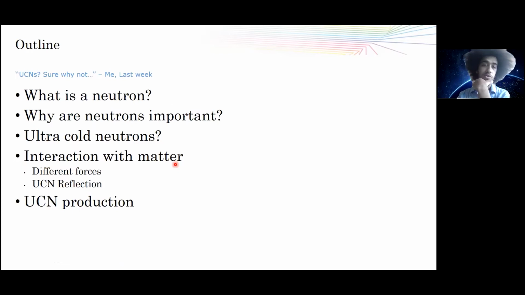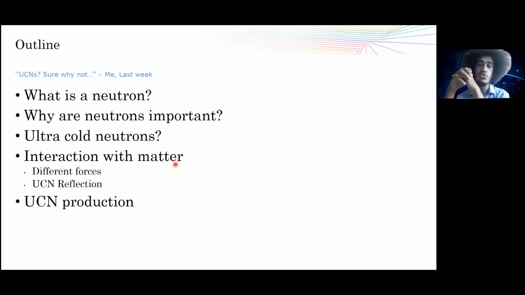So moving on to the actual topic of the day, I'm going to start by boring everyone by mentioning what a neutron is, again, for the nth time, and then say why they are important in case you were not convinced. And then I'm going to give an image of ultra-cold neutrons and how and where they place themselves on the energy spectrum, and give some examples just to put it into context.